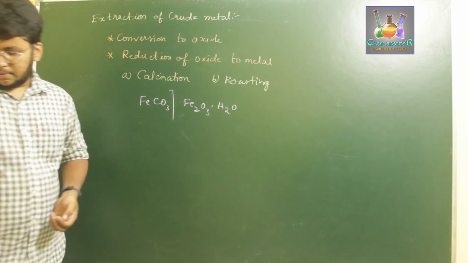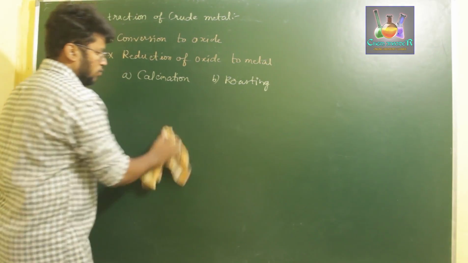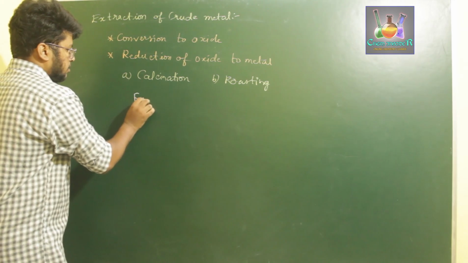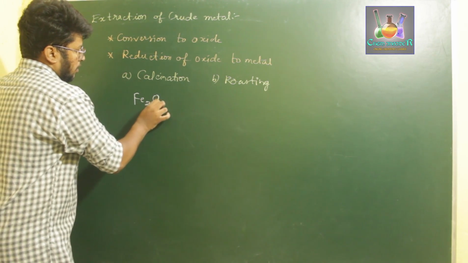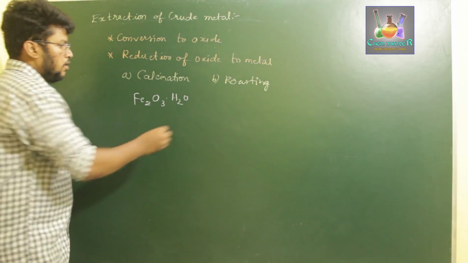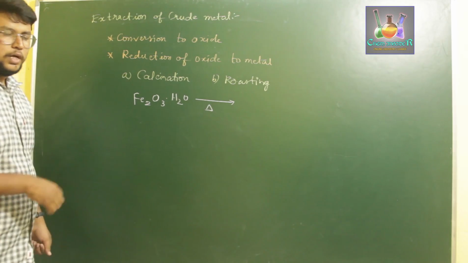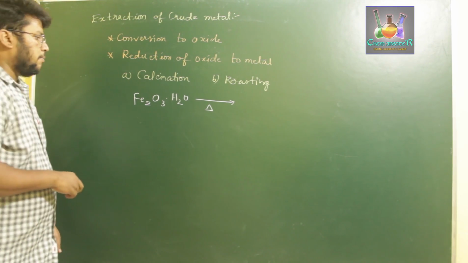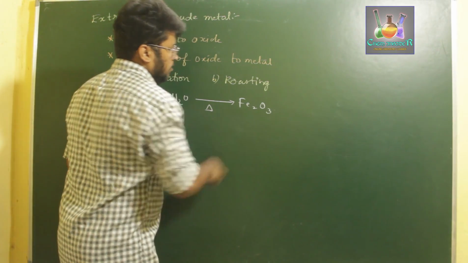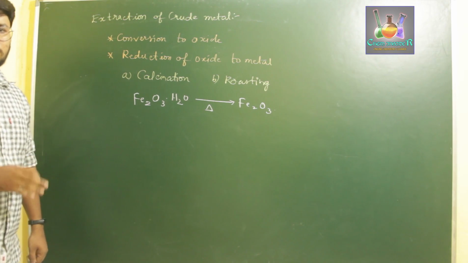For example, if you heat Fe2O3.H2O, we take off the water molecule present in it. Because Fe2O3 has a hydrous component, that is H2O molecules, once heated to a high temperature the water molecules become volatile and evaporate, leaving behind our Fe2O3. This is how we convert the components which already have oxygen in them.